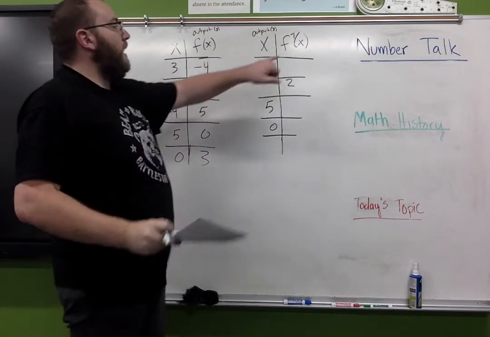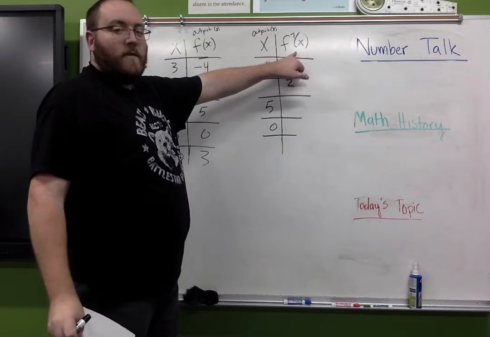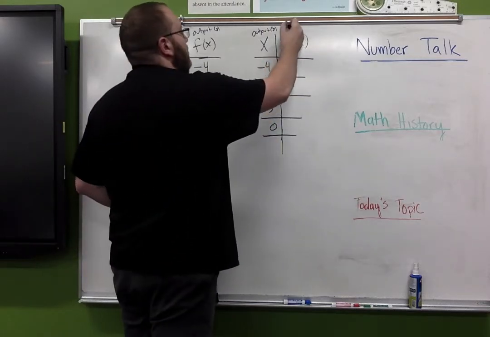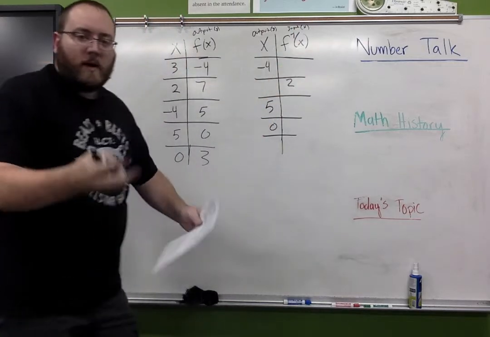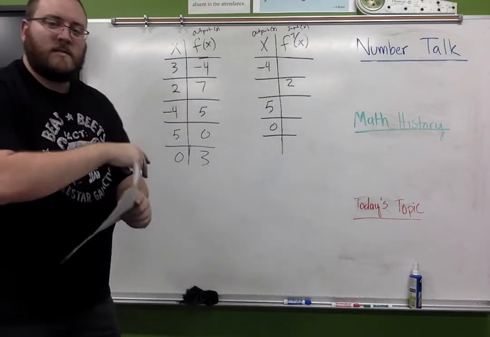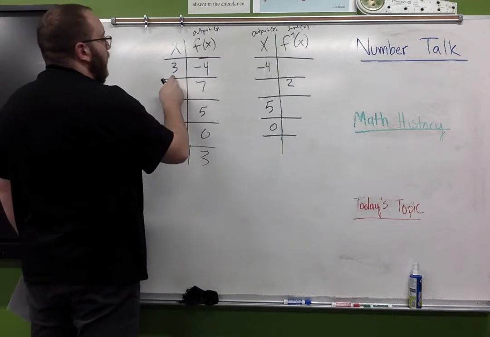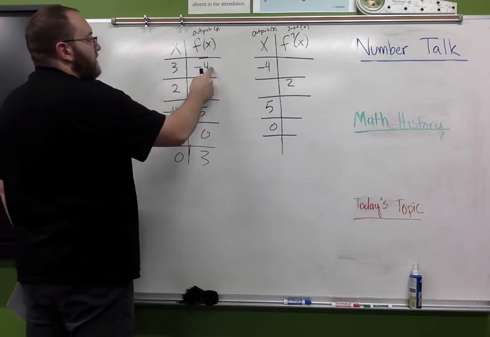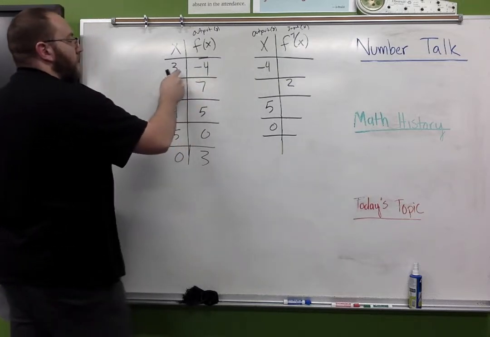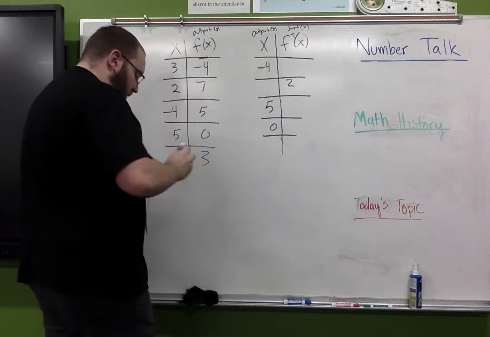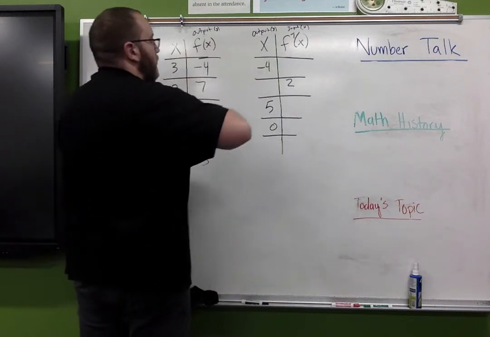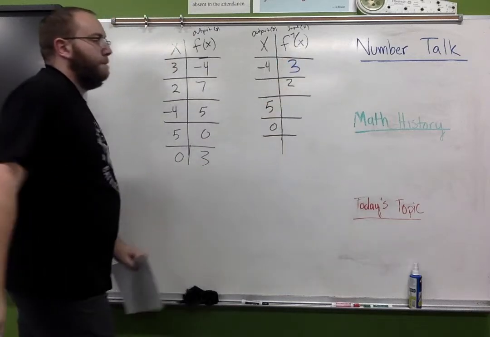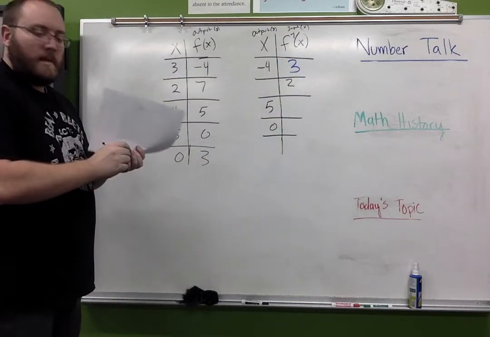That means that my output for my inverse is actually the input, or the x values of the original. Right? Domain and range switch. X and y switch. So if I switch my x and y's, my x is now negative 4, and my y should be, let me use a different color so you know which ones were filled in afterwards, 3.